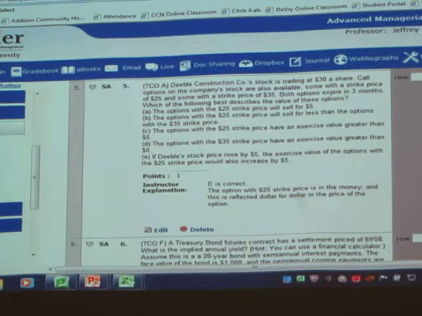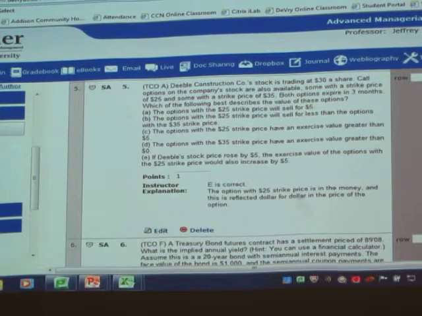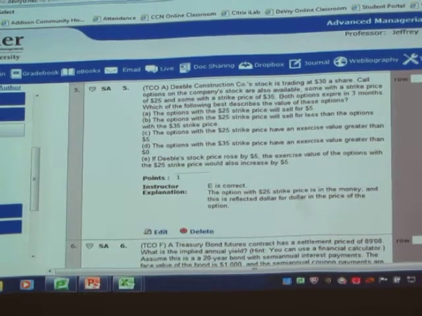And what about the $35 one? Zero, worthless. So which one fits best? The options with the 25 strike will sell for $5. Is that correct? Oh, yes, A is correct.